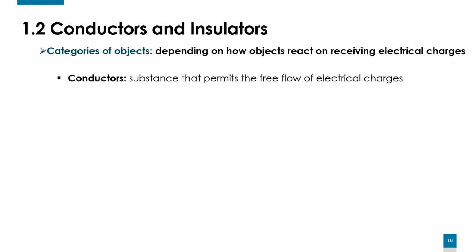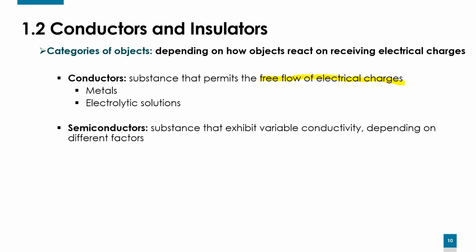Conductors are substances that permit the free flow of electrical charge. So when I have a metal, for example, I can conduct electricity very well. I allow a free flow of electrical charge. For example, metals are very good, or electrolytic solutions.